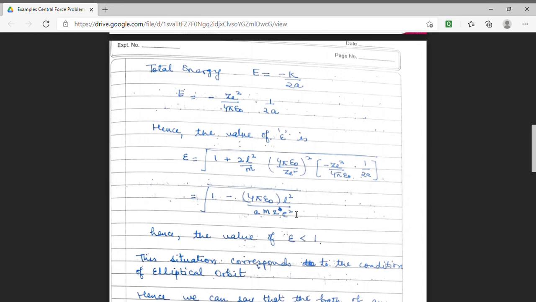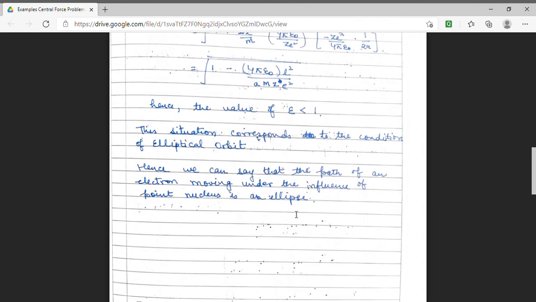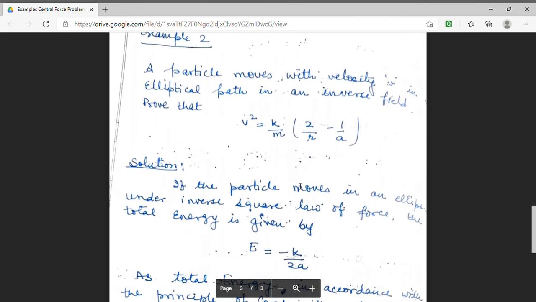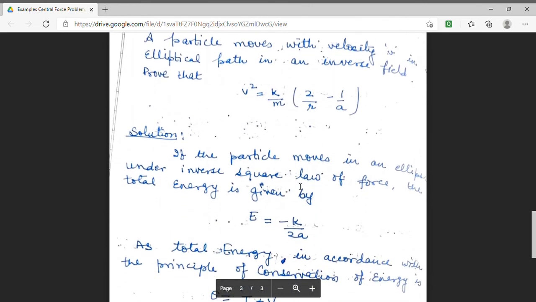Now with this I am moving over to the next problem. The next problem is of a particle which is moving in an elliptical path with velocity v, and we are given that this particle is moving in an inverse square field.